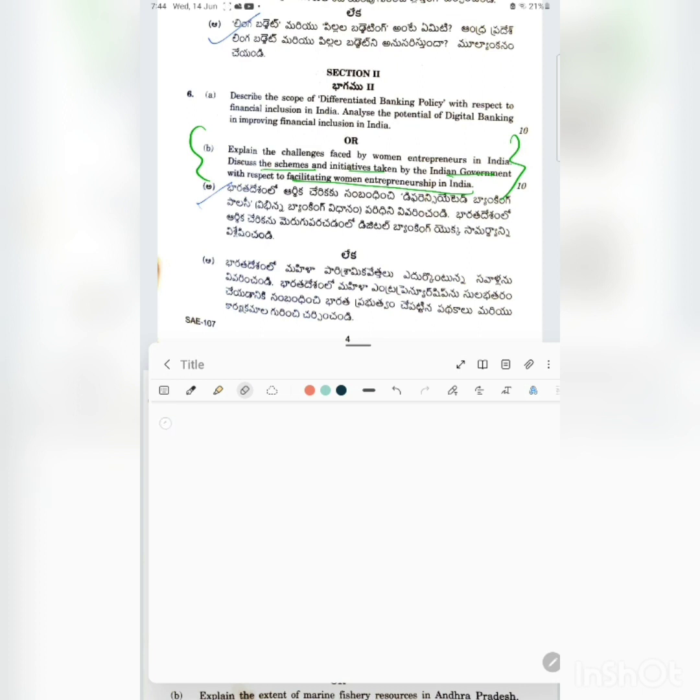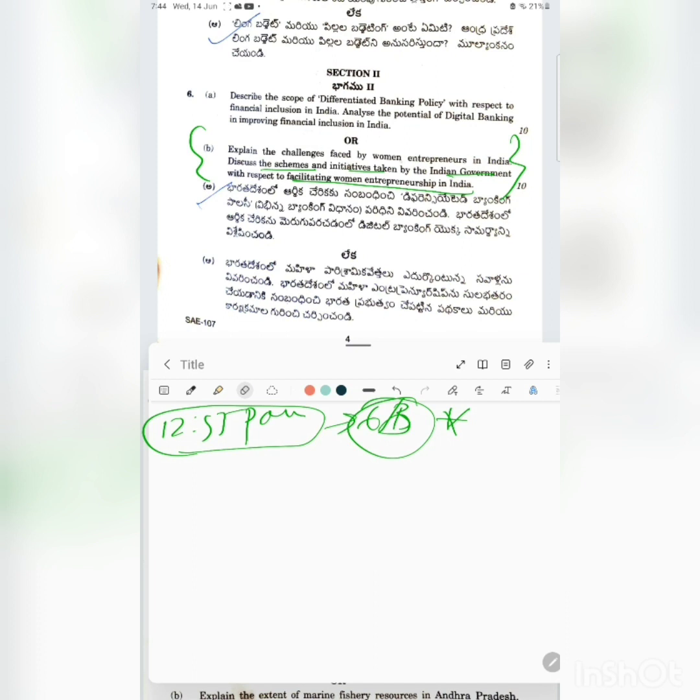I attempted this question around 12:55 p.m., roughly at the fag end of the examination. Considerably, I can say it's a bad choice. If I had chosen the 6A question, maybe I would have got more marks, but unfortunately I chose 6B. So choosing 6B once again was a disaster.